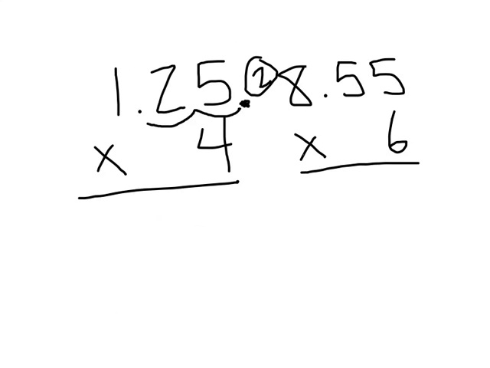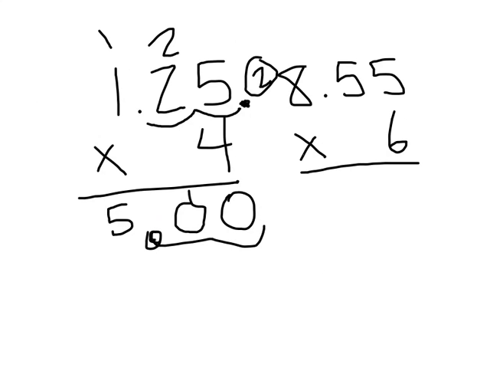Well, 4 times 5 is 20. 4 times 2 is 8, plus 2 more is 10. 4 times 1 is 4, plus 1 is 5. Now I need to make sure that 2 digits are placed behind the decimal. 1, 2. The answer is 5 0/100, or just 5.